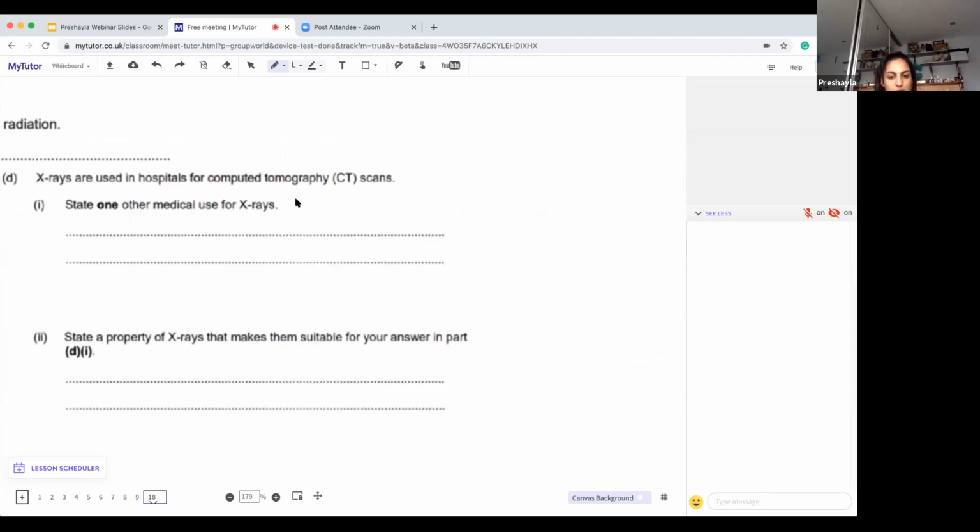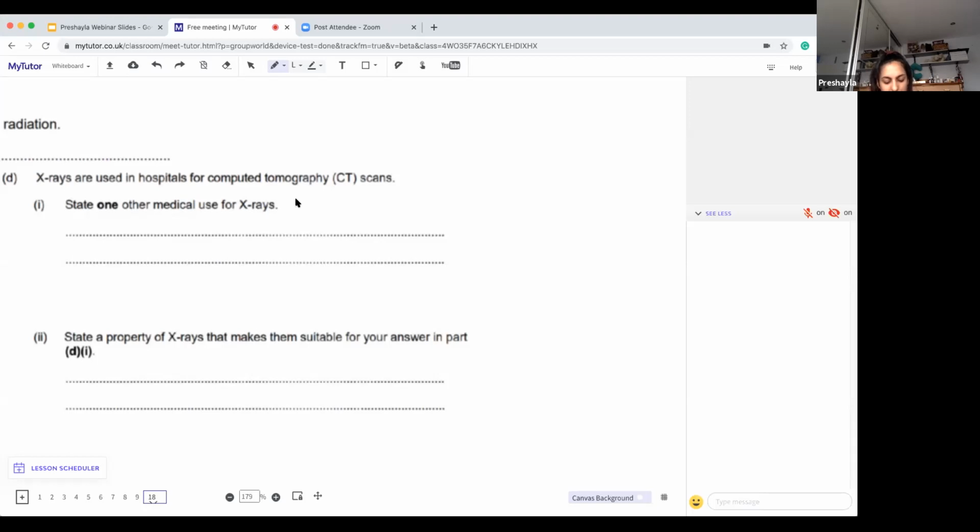What's one other use, apart from imaging?